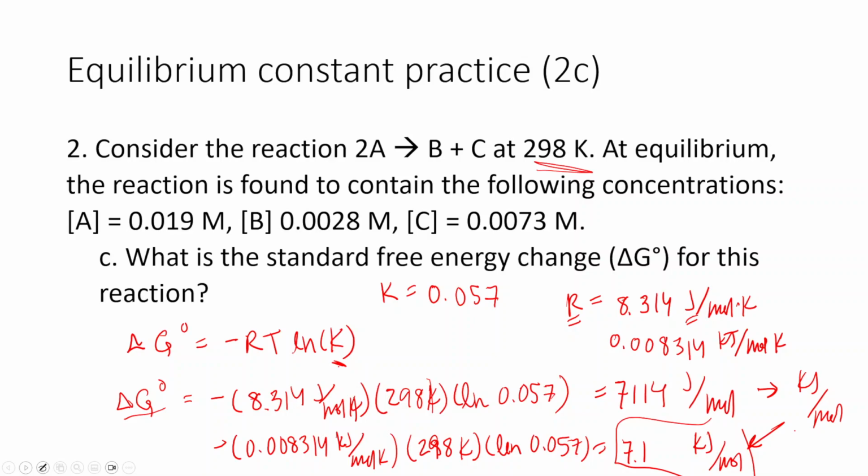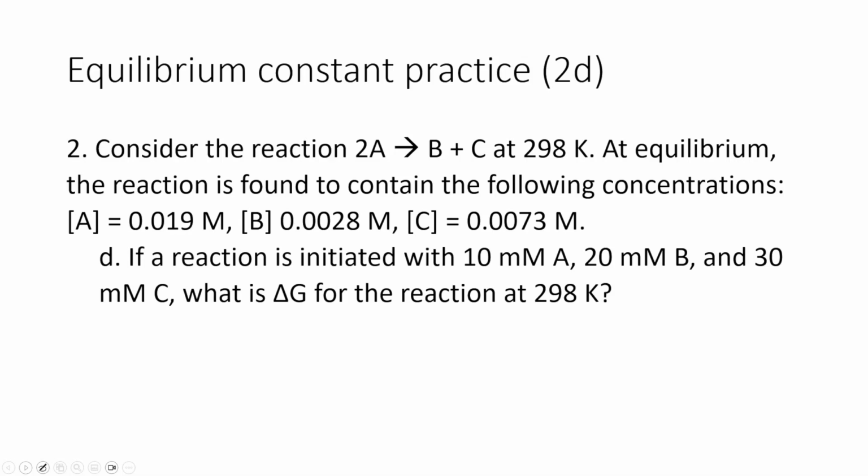All right, so that brings us to the next part of our problem. Let's think about this reaction: 2A makes B plus C at 298K, same reaction, same concentrations, but now we have a different set of conditions.